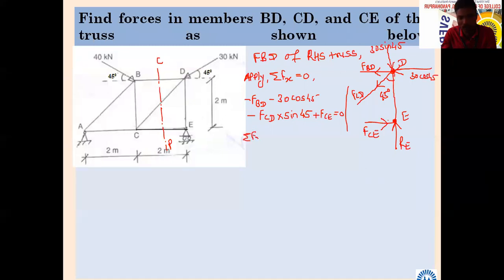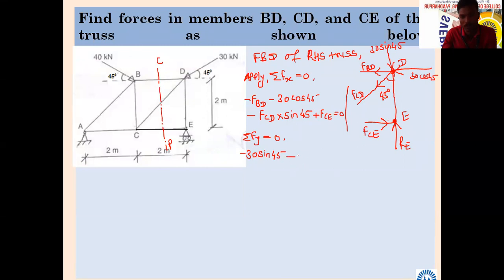Next, summation Fy equal to 0. Who will tell me? 30 sin 45. How will it come? Plus or minus? Minus 30 sin 45. Then FBD cos 45, minus.